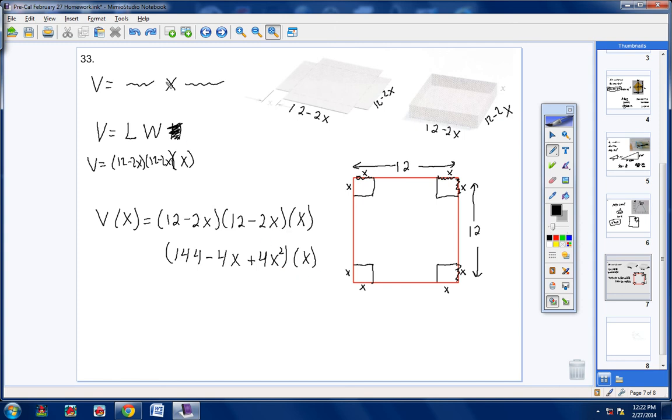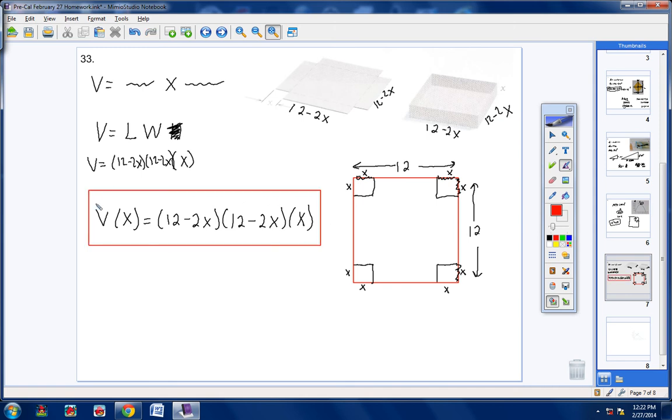But I'm not really super concerned with that right now. I just want you to mainly see that we have accomplished part A. Part A asked us to write V as a function of x, or volume as a function of the length, and we did that. There it is. We have V and we have x, so not easy, but we did it.